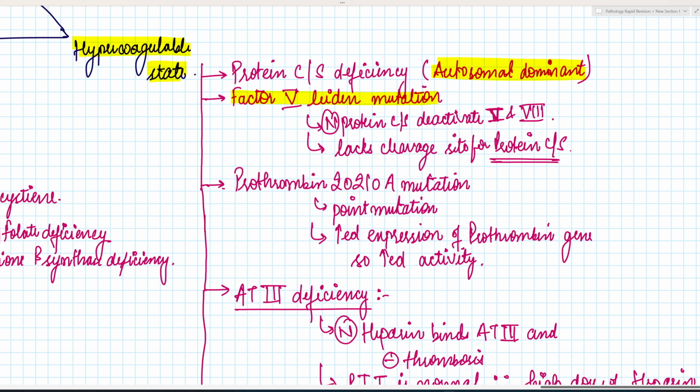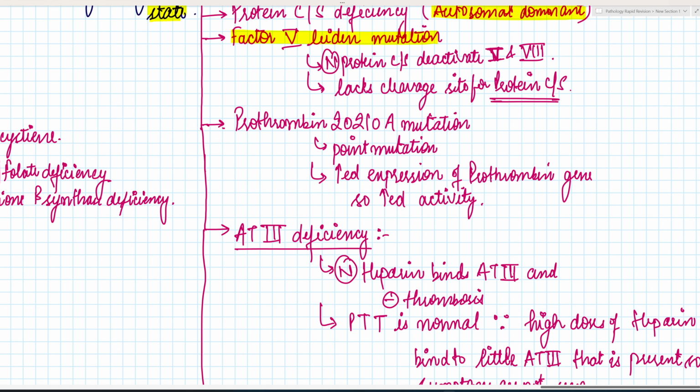Therefore, the coagulation cascade cannot go on. That's why they have anticoagulatory function. So if these are deficient, there will be no breakdown of factor 5, and coagulation will keep on moving further and further, leading to multiple thrombi formation and the hypercoagulable state. Next one is factor 5 Leiden mutation.